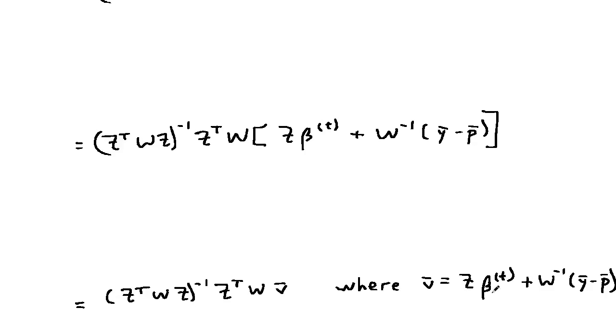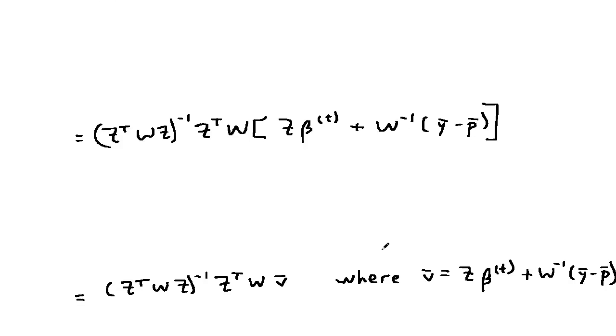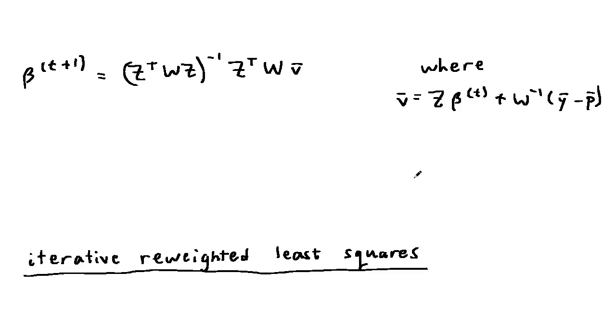V is equal to Z beta t plus W inverse times y minus p. So we can write the iterative step in the Newton-Raphson method as beta t plus 1 equals this, where V is equal to Z beta t plus W inverse times y minus p. This method is then called iterative reweighted least squares. At each iteration, beta t gets updated, and so do P, W, and V.